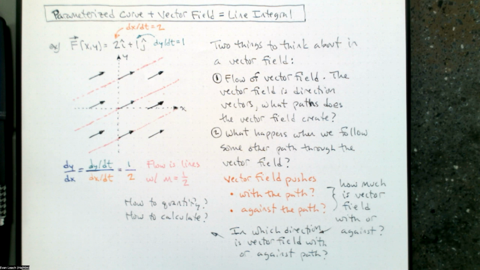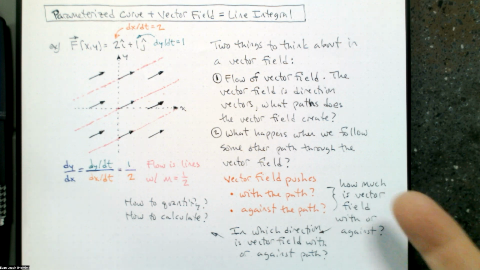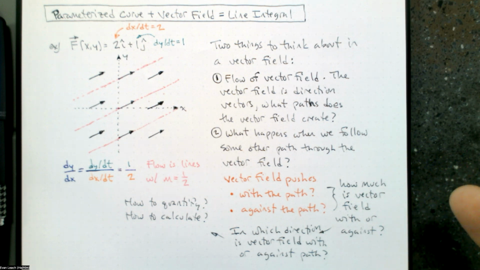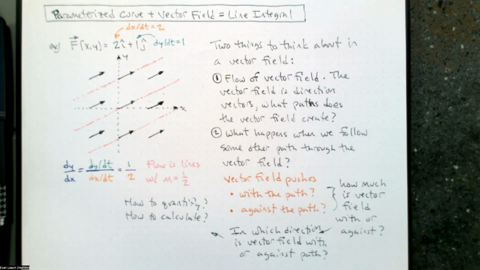So in a line integral, we're going to be looking at this interaction between the path and the vector field. And we're going to be multiplying those things, and those things are vectors. And the question is, how much of one vector is going in the direction of the other vector? So we can see that line integrals are going to be our first integral with dot product for the multiplication.